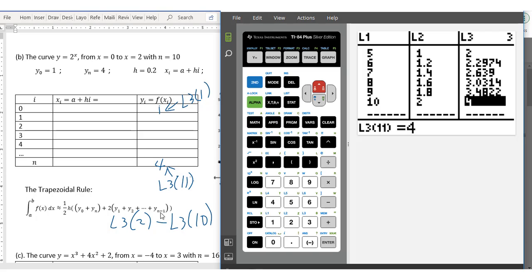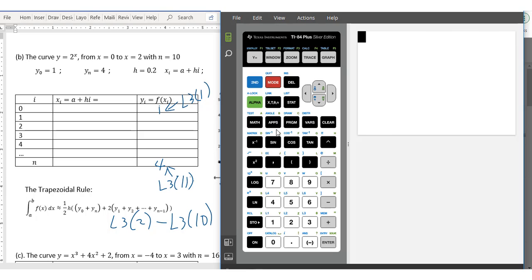Therefore, when you use this formula to figure out the summation of this L3, you have to put in L3 2 to L3 10 for y1 to y sub n minus 1. Now we quit.